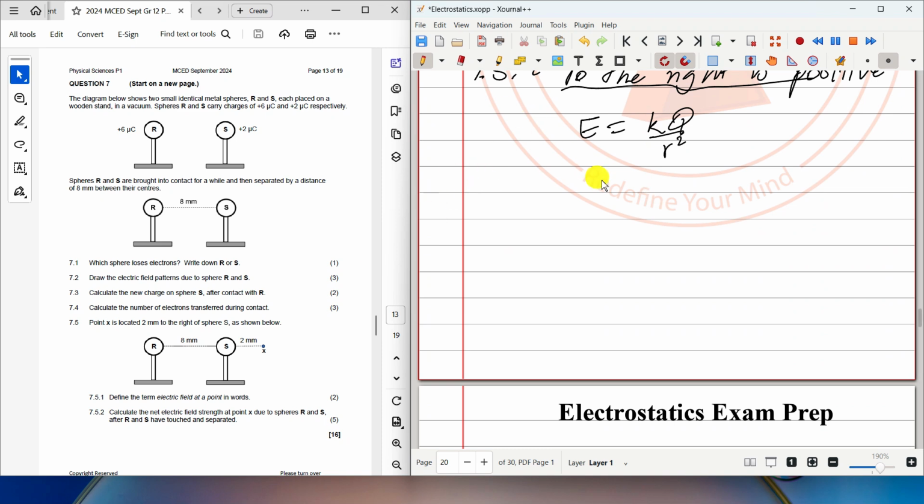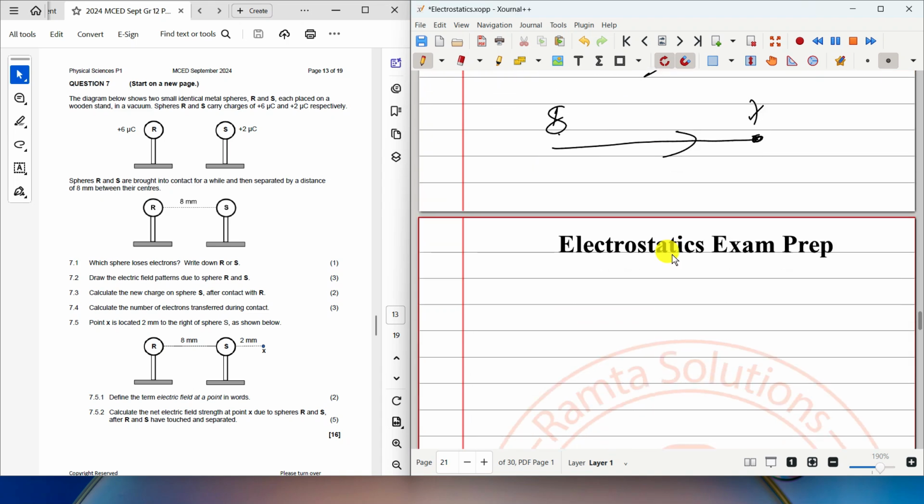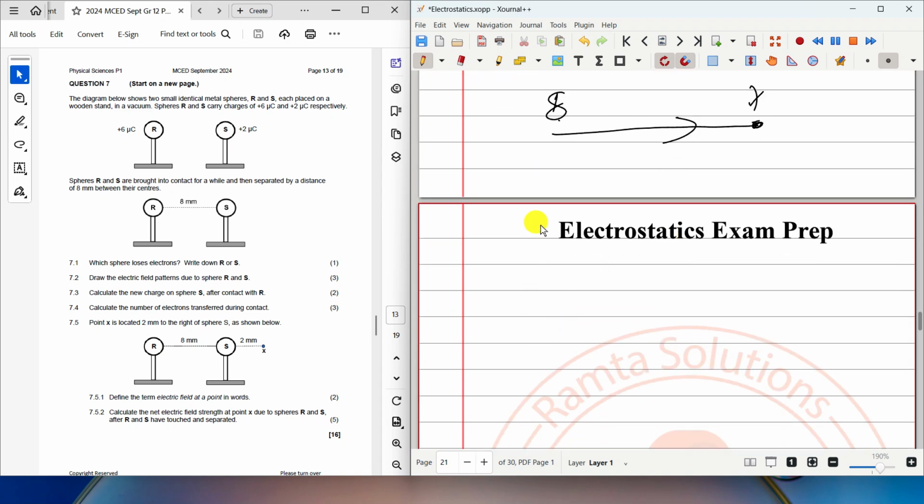I want to show you something. So R to point X, R, if you recall, is positively charged. So it means it's going to go to the right. And then again, when you look at S to X, again, it's positively charged. So it's going to go to the right. So what do we do now? Let me see which one has a shorter distance.